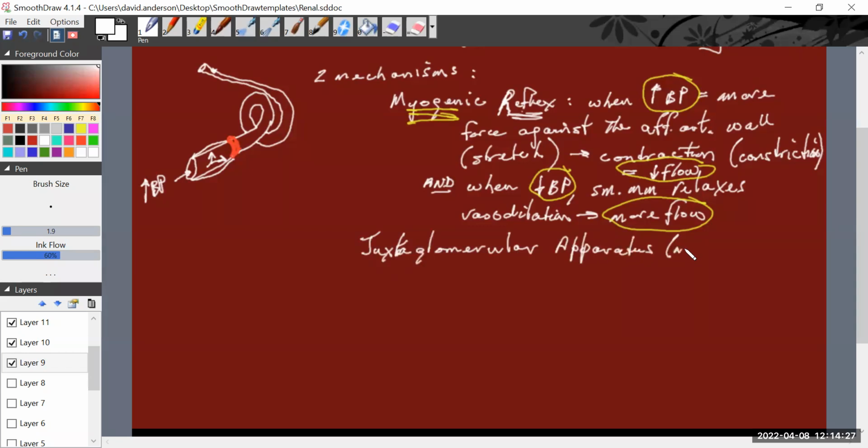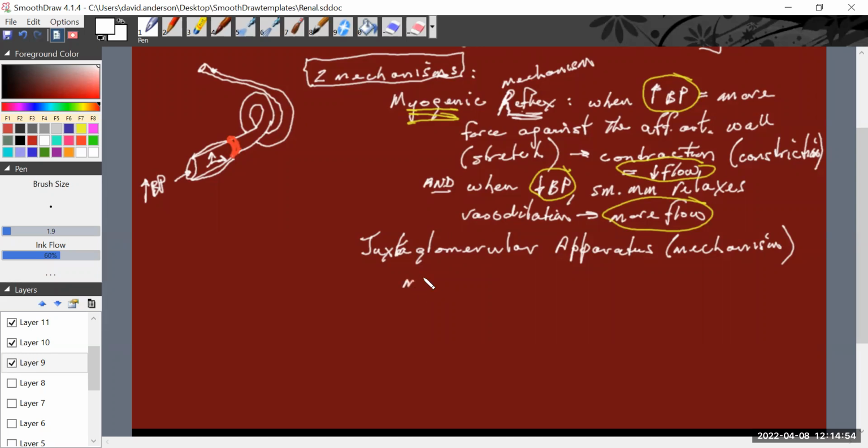And you could just as easily refer to this as a mechanism, just like we can call this myogenic reflex a mechanism, but we've sort of covered that by saying these are the two mechanisms. One is going to involve local changes to muscle tension, either relaxation or constriction, and juxtaglomerular apparatus activation. So we talked about this last week.